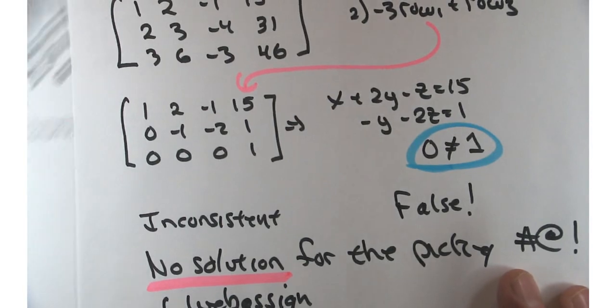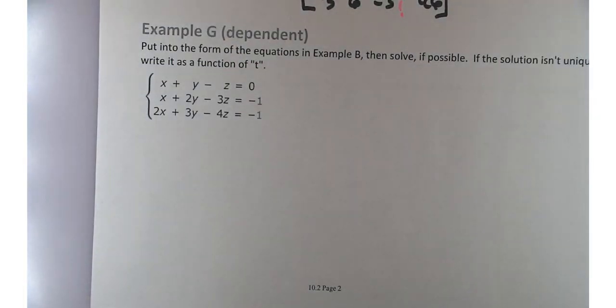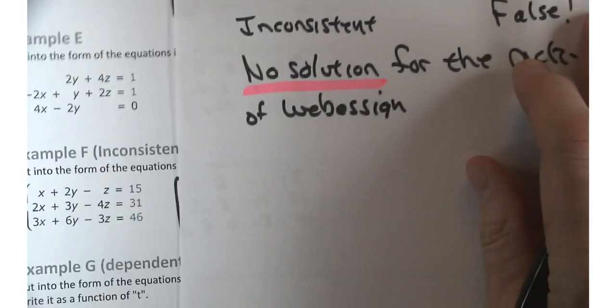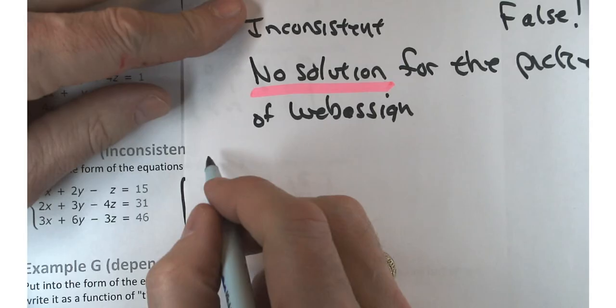Okay. Let's move down to the next one, example G here. And let me just copy down the augmented matrix for that one.